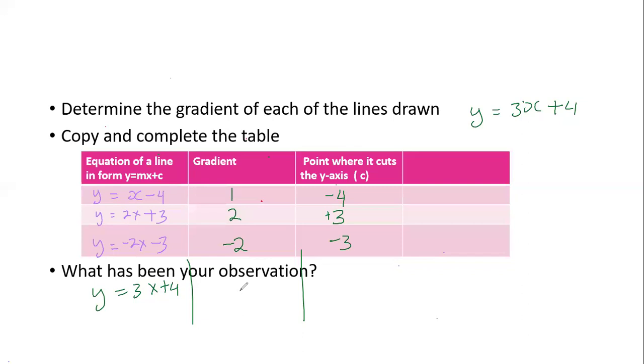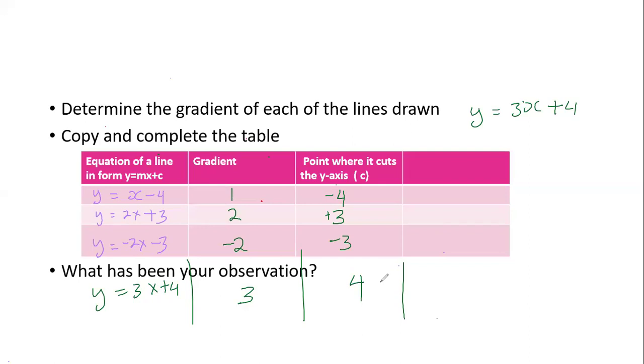Using your observation, the gradient will be 3. Perfect. And then that would be positive 4. Thank you. Hope everyone is noticing that.